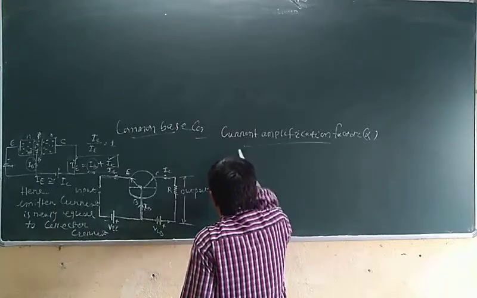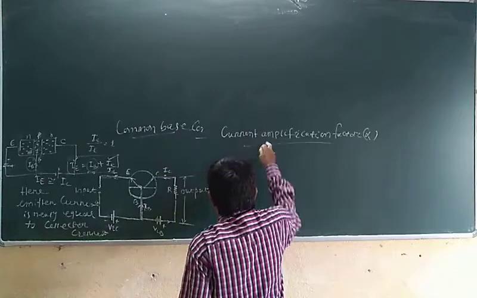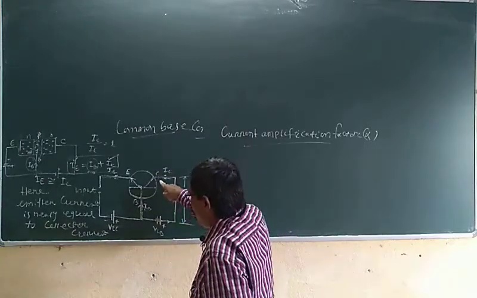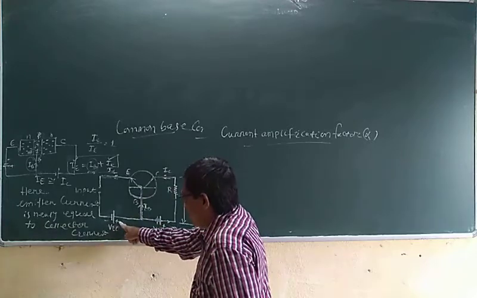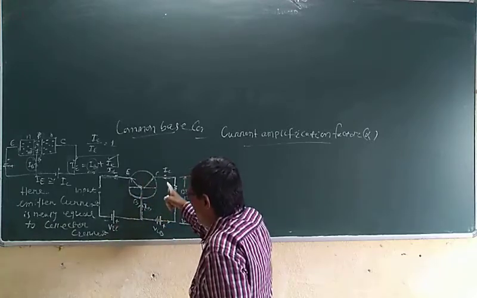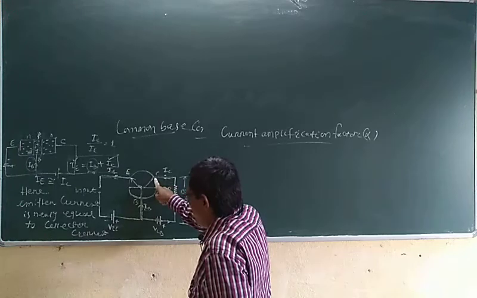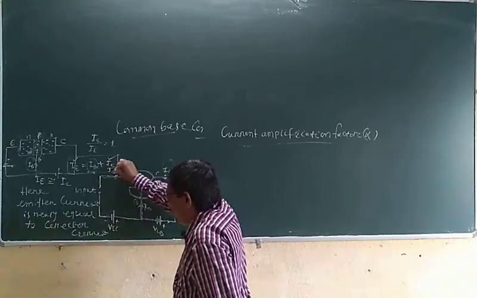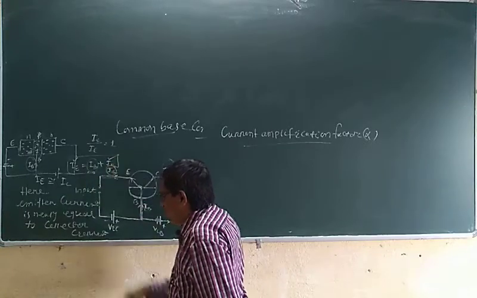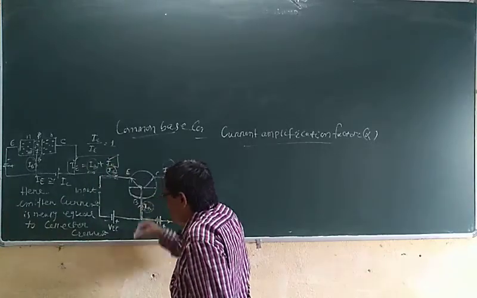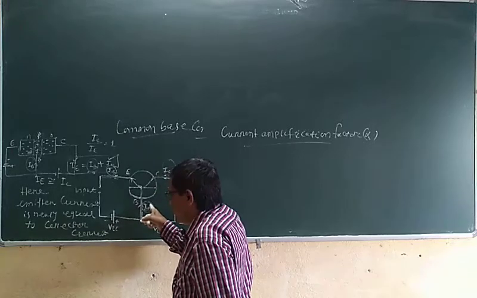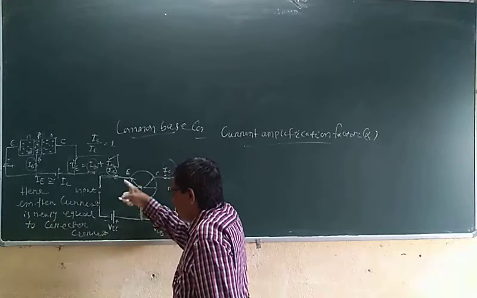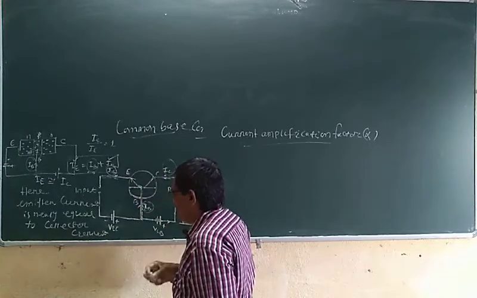Now, by this biasing of the transistor, the current flowing in the collector section is IC, and the current in the emitter section is IE, and IB is the neglected current because of minority charge carriers or neutralization of charge particles, a very small amount of current.